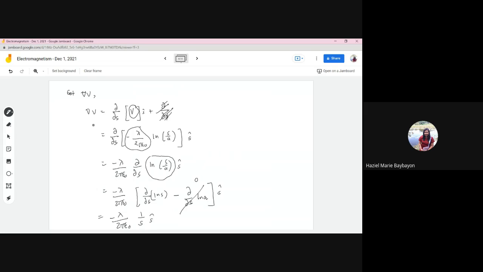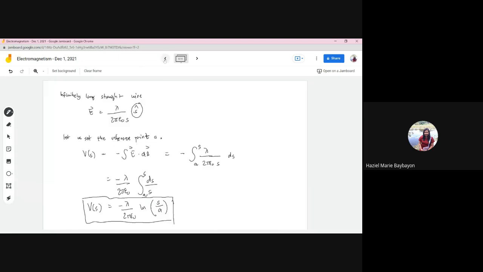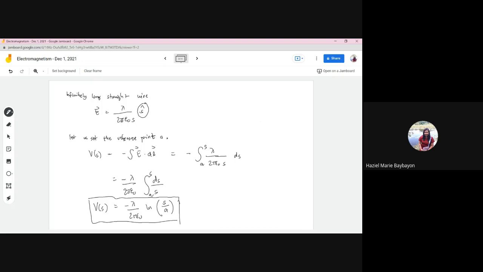Okay, so this is the gradient of V. And take note that the electric field is just equal to the negative gradient of V. So we have the electric field equal to the positive of this one, lambda over 2 pi epsilon naught multiplied by 1 over s prime. So this is consistent with the electric field obtained earlier for a long, infinitely long straight wire.